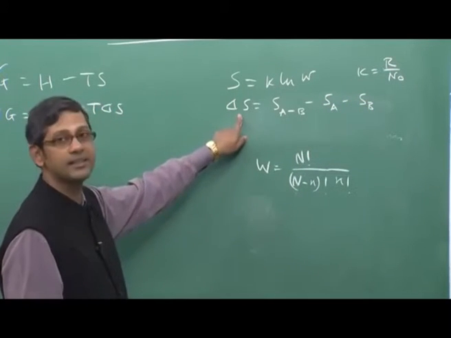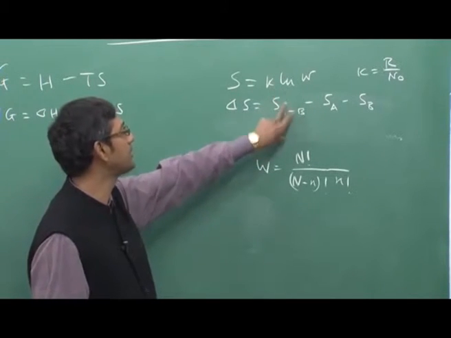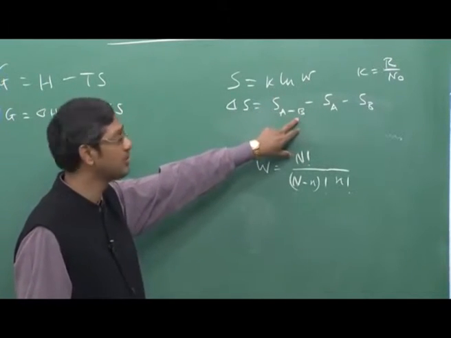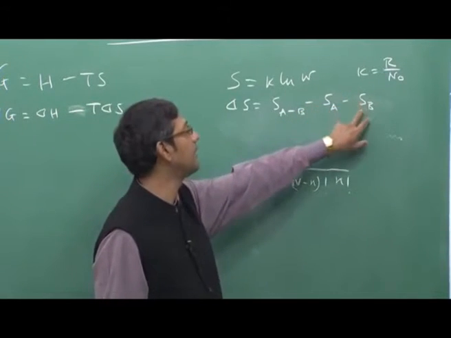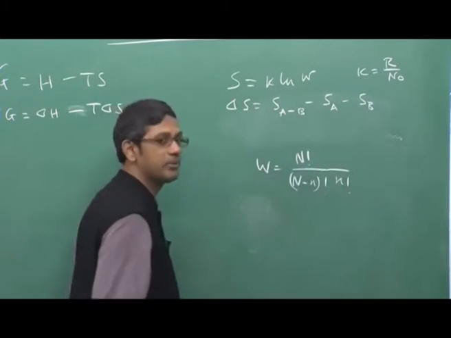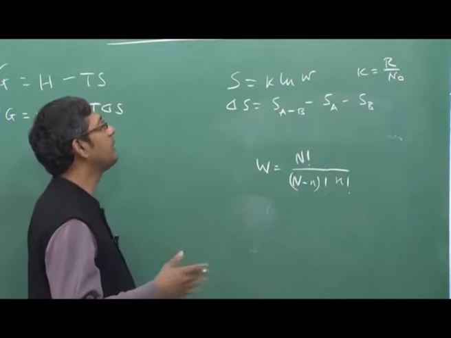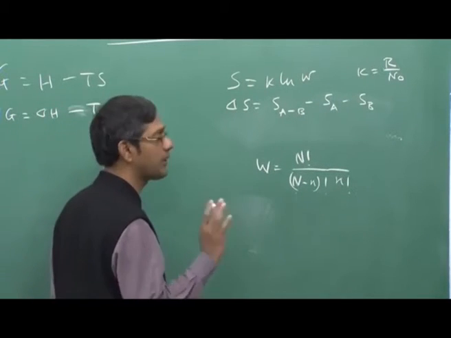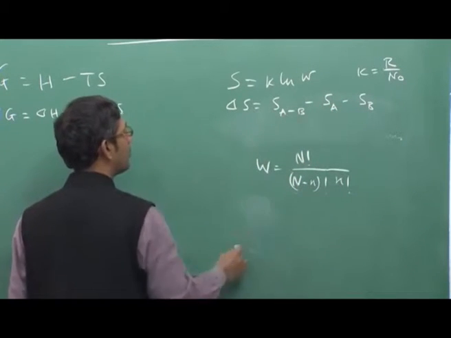Because delta S is the entropy of the system containing A and B atoms, minus the entropy of the system containing only A atoms, minus the entropy of the system containing only B atoms. These two must be subtracted because when there is only A or only B, there is only one type of atom present. Here only A type, here only B type, but here you have a mixture of both.